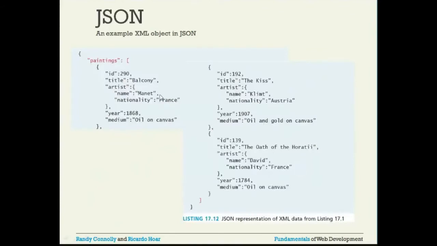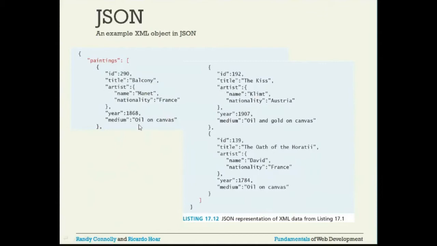If we convert that complete XML example into JSON, this is how it will look. This is the opening curly brace and the closing curly brace. Inside, I have the paintings object inside double quotes, colon. Then I have the square brackets, an opening square bracket and a closing square bracket. And inside that, I have three sets of paintings.